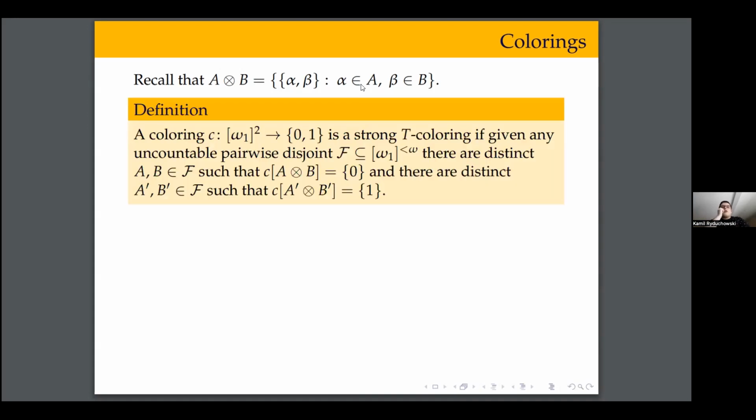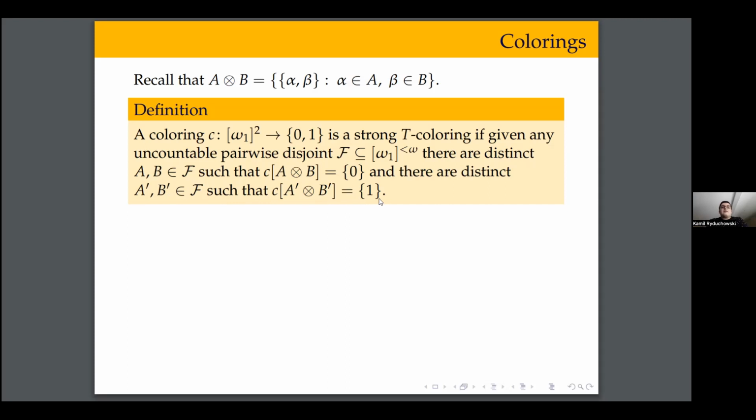So a coloring C of this complete graph with ω1 vertices into two colors is a strong T-coloring if, given any uncountable pairwise disjoint family of finite subsets of ω1, there are two distinct sets in this family such that all the edges between them have color 0, and there are two distinct elements of this family such that all the edges between them get color 1.